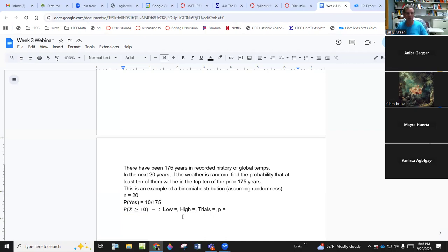This is obvious also. 10. If there were 10, then we've had at least 10. What's the highest? Highest would be 20. That means each year we're going to say, hey, that was in the top 10 of the last 175 years.